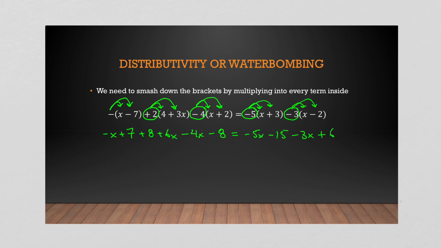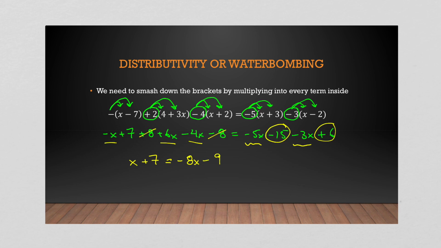So now we just have a big equation where we're going to group our like terms. So minus x plus 6x minus 4x. Well, that's 5x, so that's just x. This 8 is going to cancel with this negative 8, so we just have plus 7, so that's not bad. And now here we have negative 5x minus 3x is negative 8x. And then minus 15 plus 6 is minus 9.